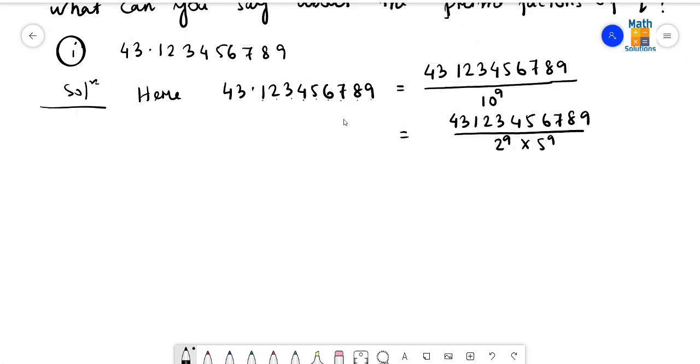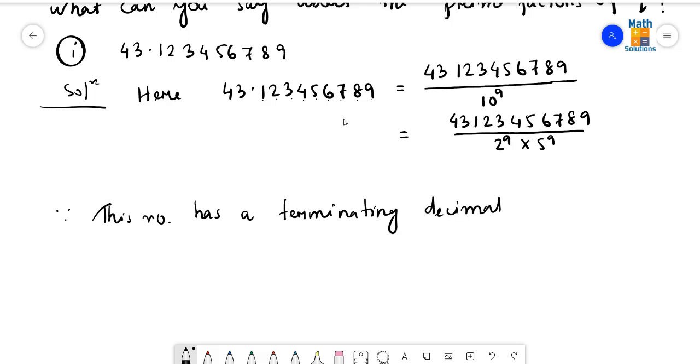Since this number has a terminating decimal expansion, hence it is a rational number.